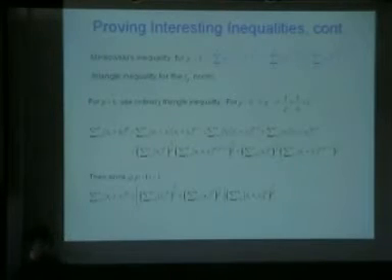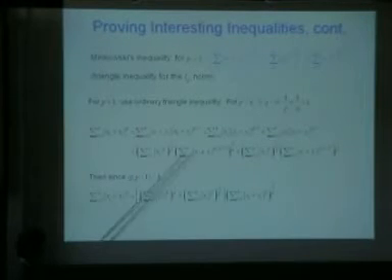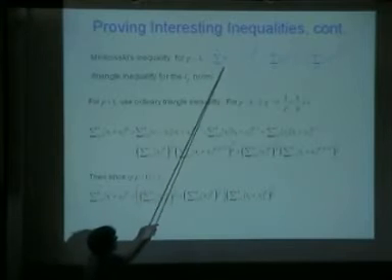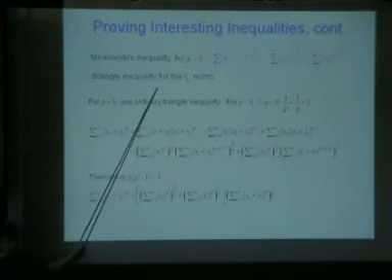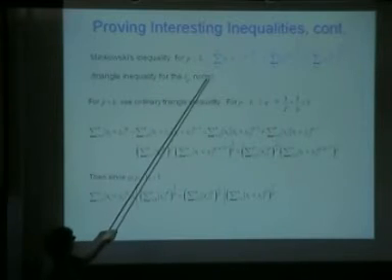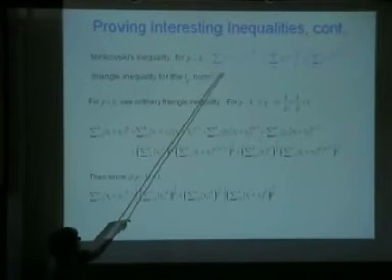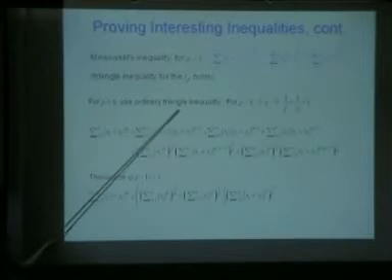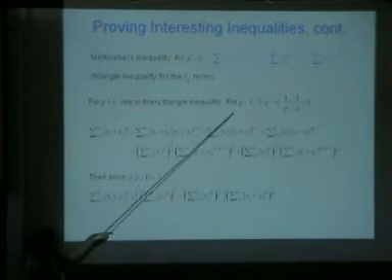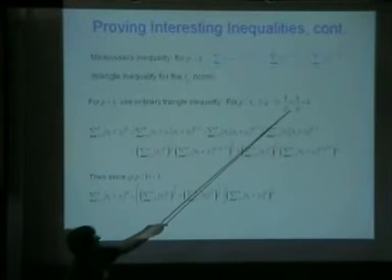Since we're on the subject, let's prove the other one that always goes with Hölder's inequality, the Minkowski inequality. For p greater than 1, the Minkowski inequality says this. It's the triangle inequality for the p-norm. For p equal to 1, you can just use the ordinary triangle inequality. For p bigger than 1, there's some q such that this is true.